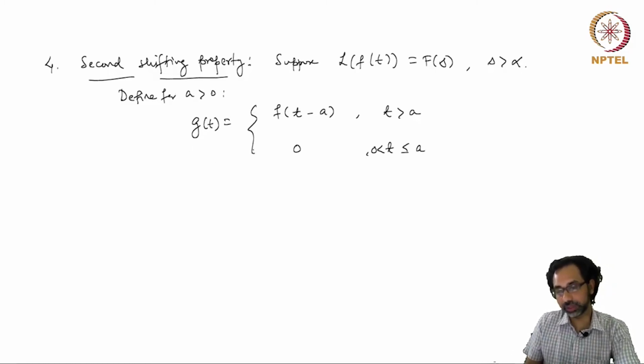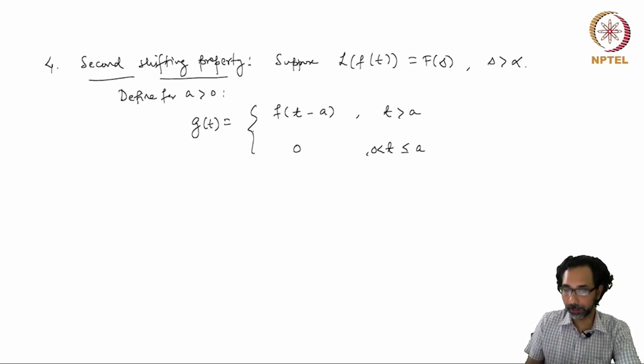Now we have shifted the whole function f(t) to the right by defining this function g(t) to be f(t minus a) for t greater than a. So this means that when t approaches a, then g(t) approaches f(0). So our domain gets shifted to the right, and this is why it's called again the shifting property.